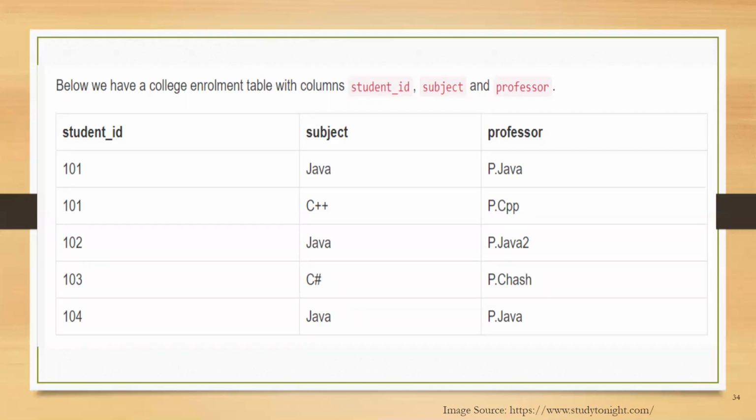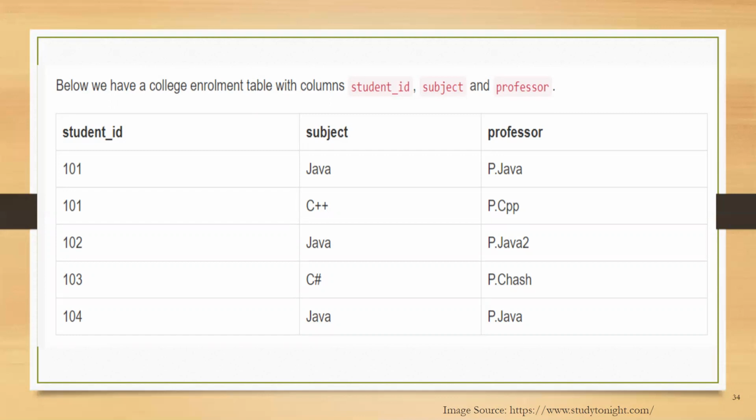Accordingly, if we see, this table satisfies the first normal form because all the values are atomic, column names are unique, and all the values stored in a particular column are of the same domain. This also satisfies the second normal form as there is no partial dependency, and there is no transitive dependency. Hence, the table satisfies the second and third normal form as well, but it will not satisfy the BCNF.